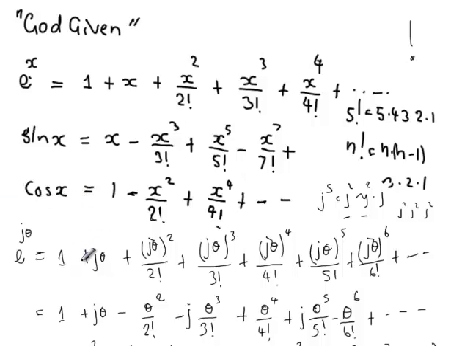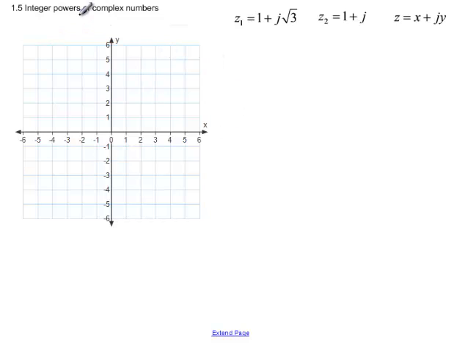So what is the value of this for what we are doing today? Today we are looking at integer powers of complex numbers. Let's say we were requested to take Z1 to the power 2, and that 2 there is an integer. Actually, I should emphasize that we are looking at positive integer powers.